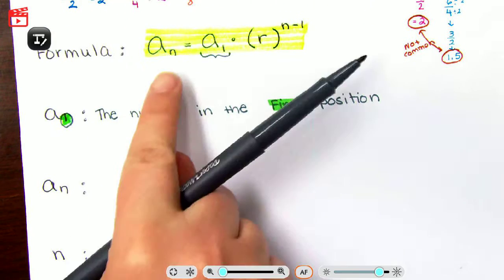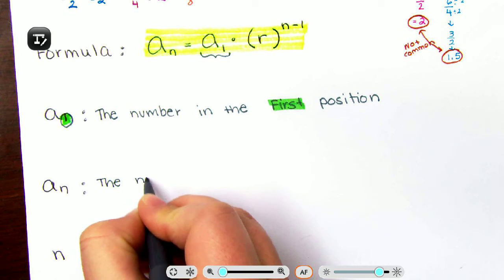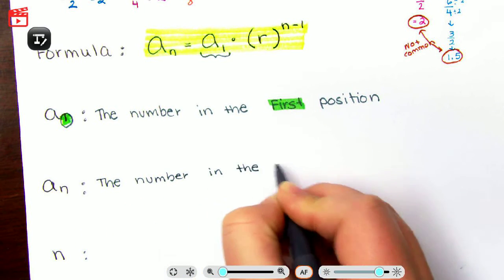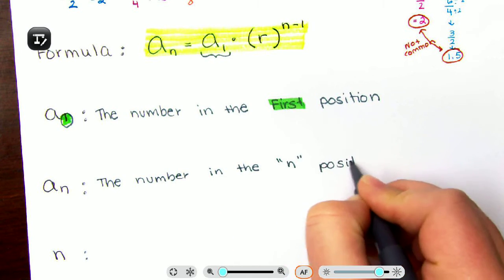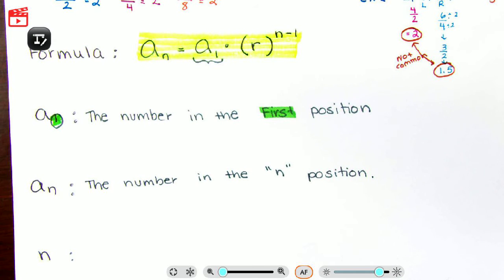Now, a sub n, this one here, is the number in the, and I'm going to put this in quotations, "n position." This is typically your unknown. Like if they tell you what is in the 27th position, you would say n is 27.